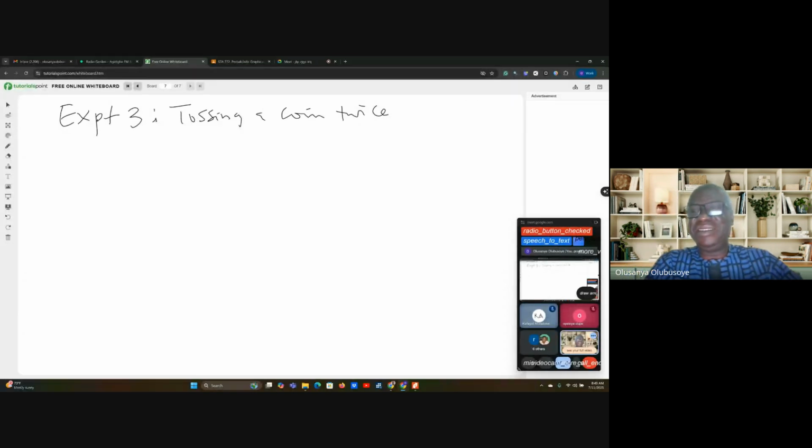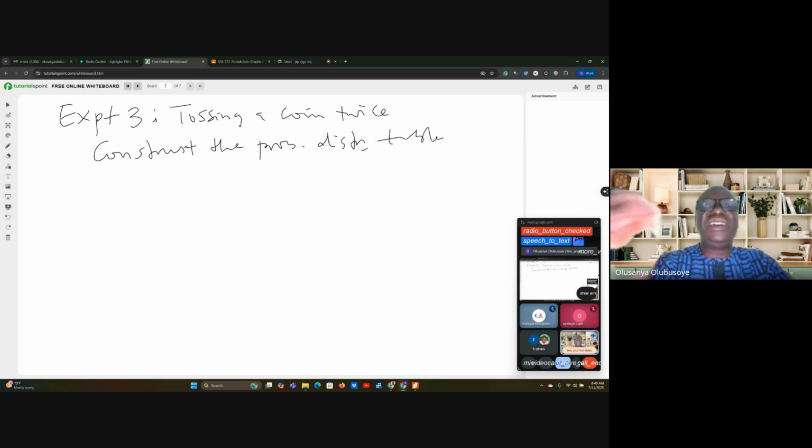And you are asked to construct the probability distribution table for this experiment.